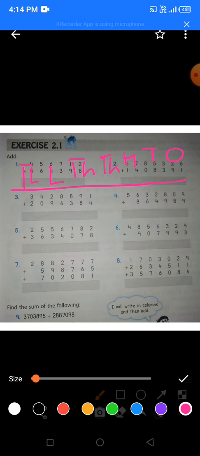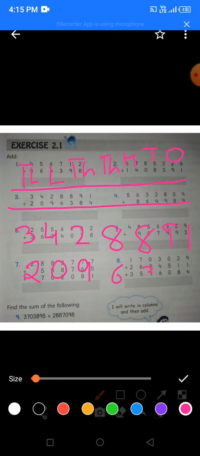Then you will leave one line here. Okay children. Then you will write the other number. What is the number here? 3, 4, 2, 8, 8, 9, 1. And the other number is 2. Keep in mind that all the digits should be in one line. 6, 3, 8, 4.